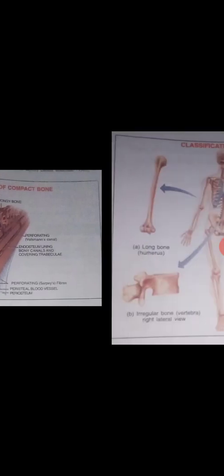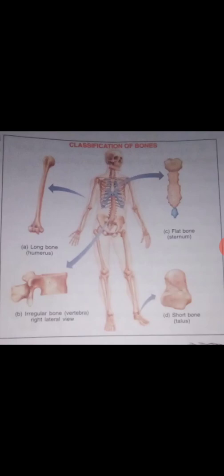Cartilage has lacunae and chondroblasts in its structure. It is of three types: hyaline cartilage, fibrous cartilage, and calcified cartilage.